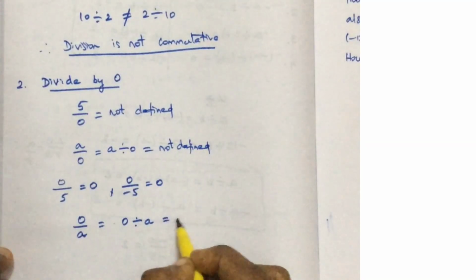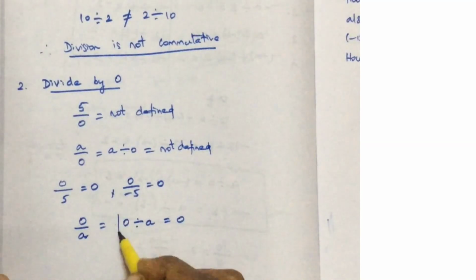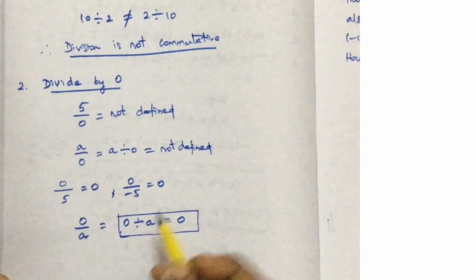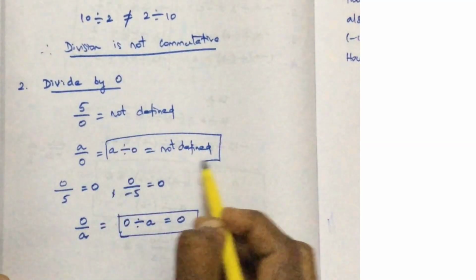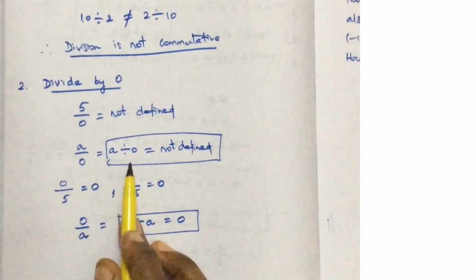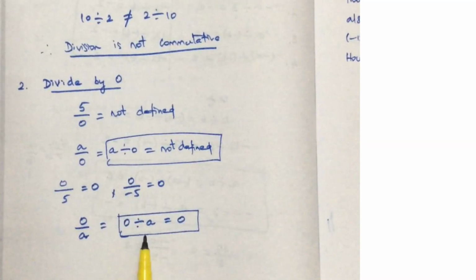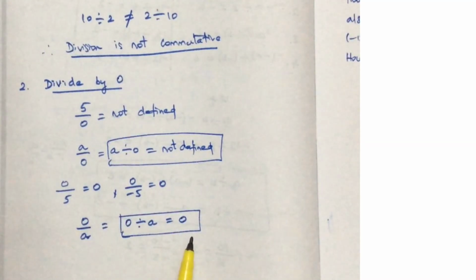You should know these two important things: any integer divided by 0 is not defined, but 0 divided by a is 0.